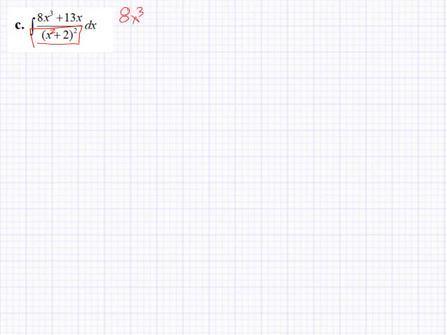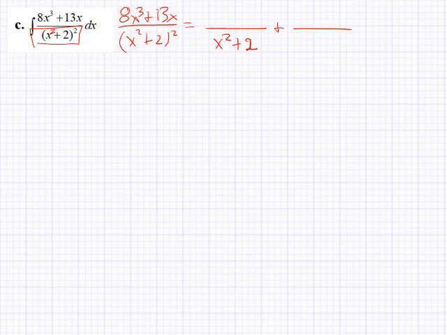So 8x cubed plus 13x over x squared plus 2 squared is going to give me what? Well, I'm going to have two denominators: x squared plus 2 to the first and x squared plus 2 to the second. I mean, you might look at it and go, well, there's nothing I can decompose it into.